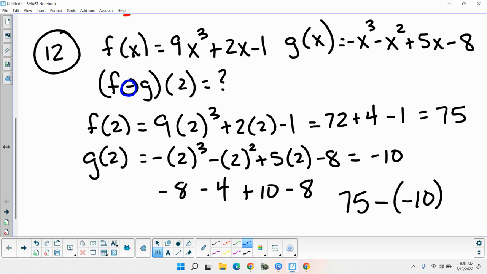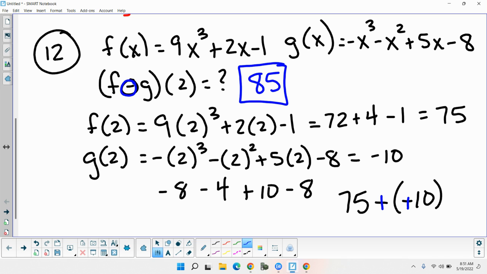So minus a negative is positive, so the answer is 85. Make sense? Yeah. That's how I would do it. But again, if you want to subtract the g function from the f function first, and then plug your 2 in, you'll get the same 85.